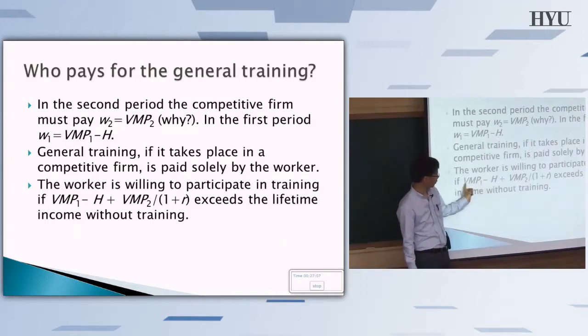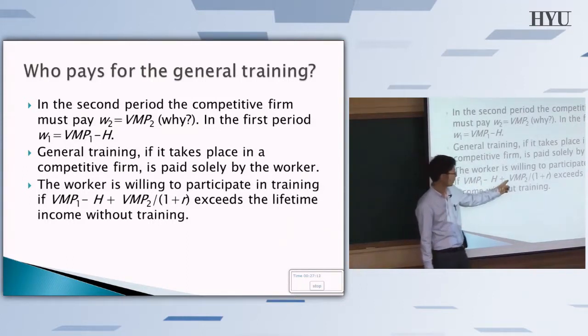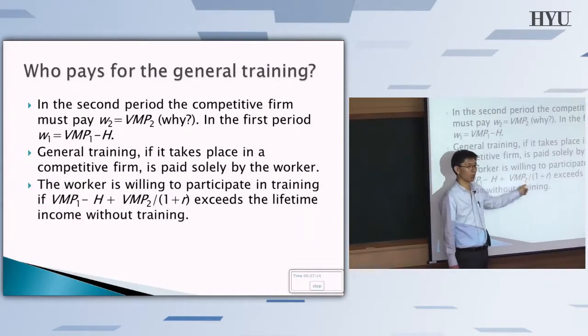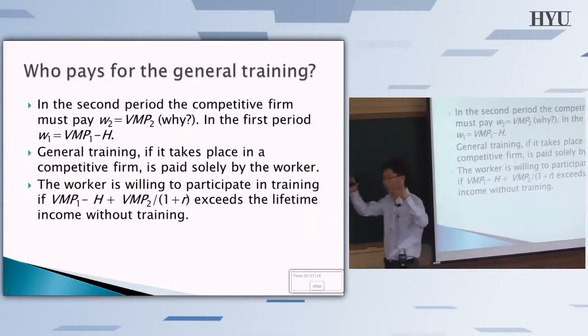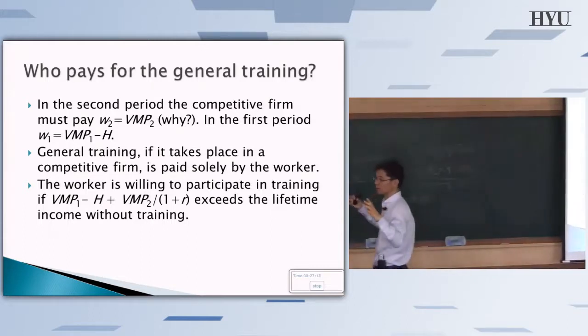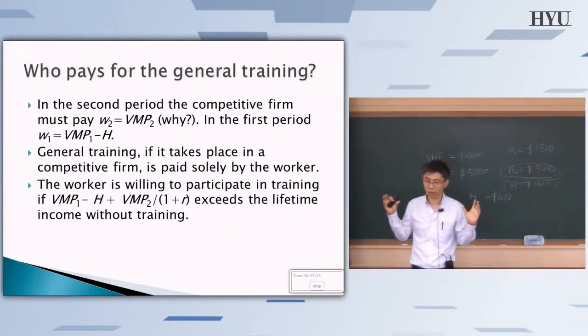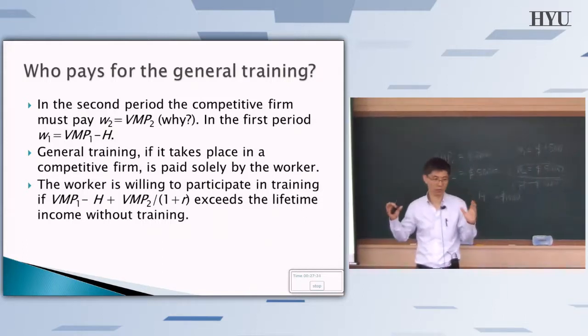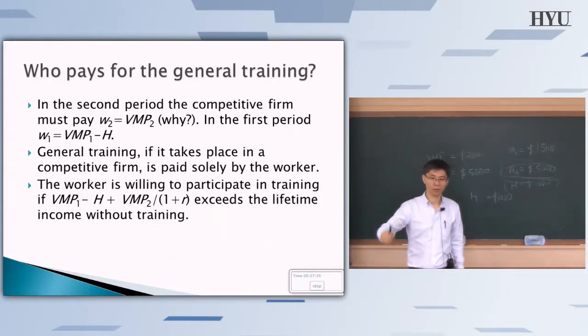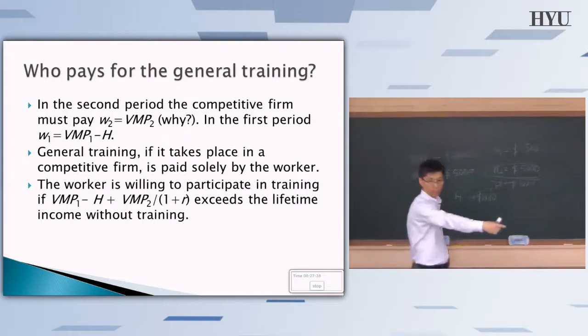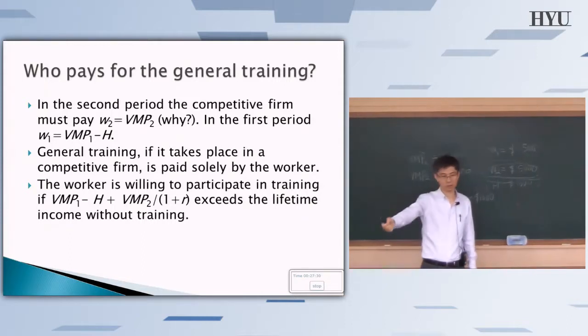VMP1 minus H is the first period's income for the worker. The second period income is VMP2 divided by 1 plus R. If this sum of the lifetime income exceeds the sum of the income without any training, the worker is willing to get the general training, even paying the total cost out of his or her own pocket.